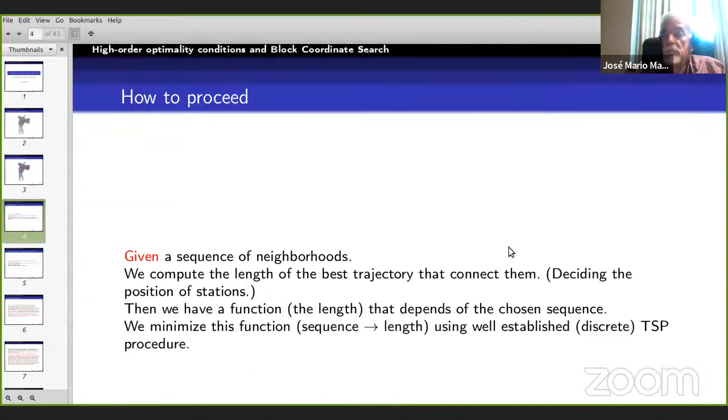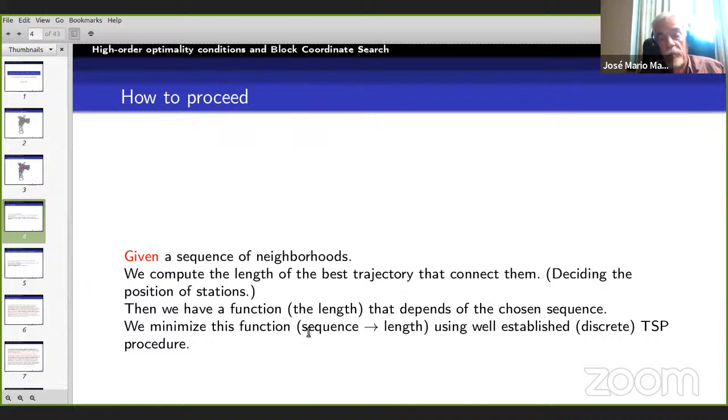Roughly speaking, we have two problems. One is to establish the sequence of neighborhoods, and the other is to establish where the stations should be. So how to proceed? Assume that we have a given sequence of neighborhoods. We compute the length of the best trajectory that connects them, deciding the position of the stations. Then we have a function, the length, that depends on the chosen sequence, and we minimize this function.